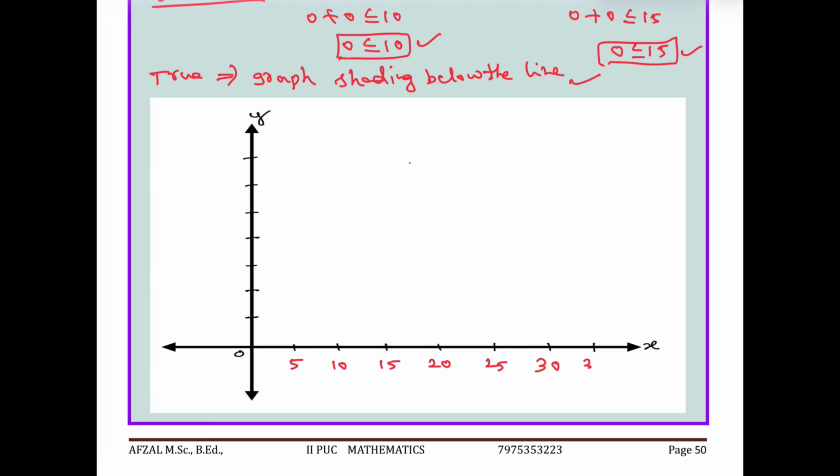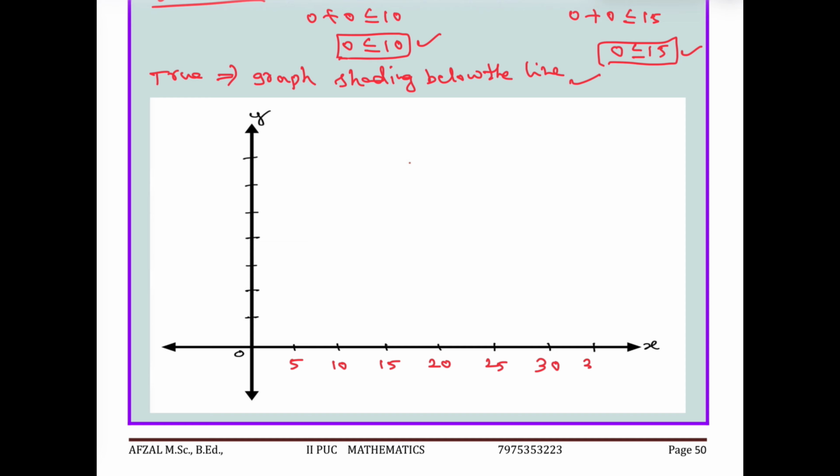Into the B matrix, which is 5, -4, 3. Next, multiply both matrices. 5 fives are 25, minus 3 fours are 12, plus 9 threes are 27.